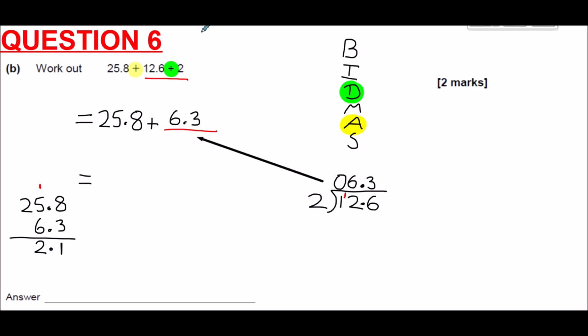So put the 2 down, carry another 1 over. And finally 1 plus 2 gives us 3. So the final piece of the puzzle is to add the numbers together and we get 32.1. That's our final answer. So on the answer line for question 6, part B, we need to put 32.1. And that's question 6 done.